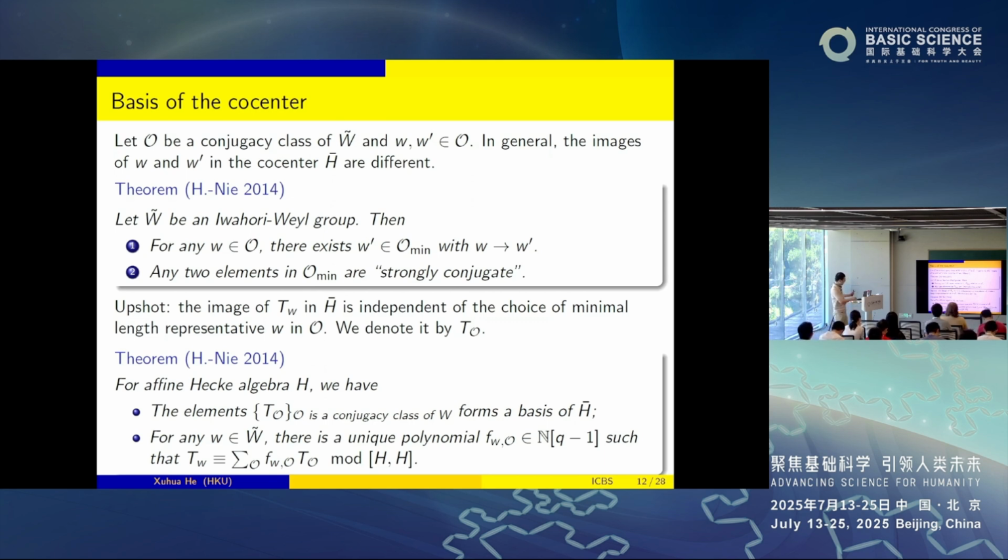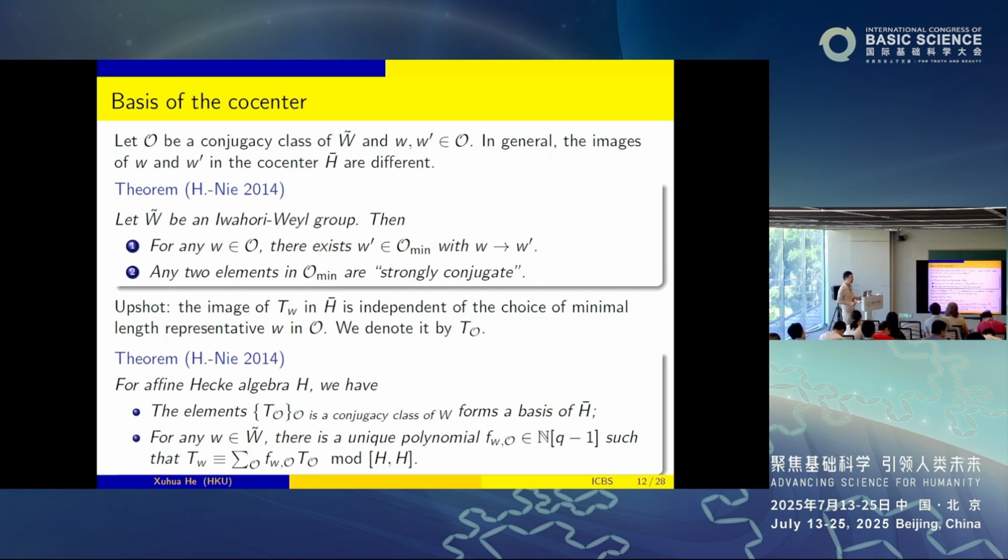It basically says that from any element, we can, by simple conjugation, each time weakly decrease the length until it reaches a minimal length element. And two minimal length elements are strongly conjugate, in the sense of conjugation in the Iwahori-Weyl group. As a consequence, the images of the minimal length representatives are the same in the cocenter of the Hecke algebra.